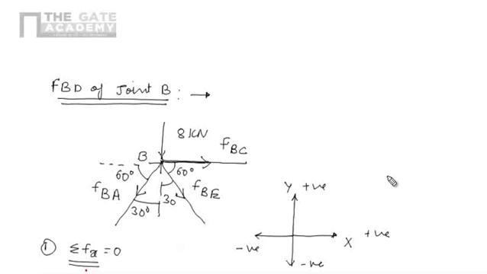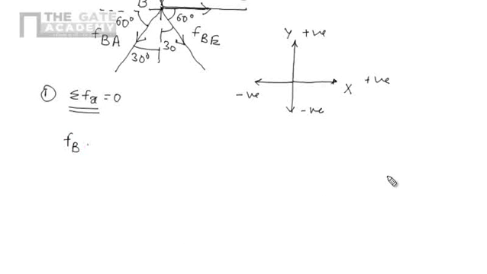In the x direction we have one force, FBC, in the positive direction, so plus. There is a component of FBE in the horizontal direction, nothing but FBE cos 60, and there is a component of FBA in the horizontal direction but negative, FBA cos 60 degrees, equals 0.